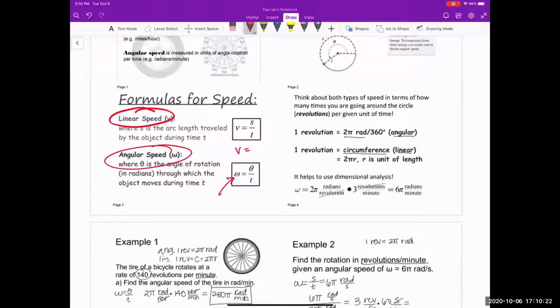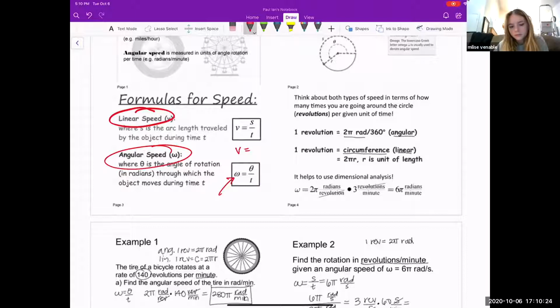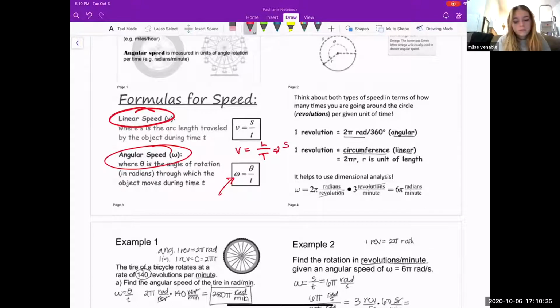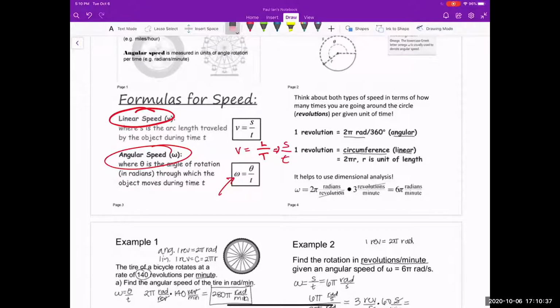So by thinking about speed, you already know what the equation looks like. In essence, it's going to be a length over time. So that's why this is s over time, because the units of speed are length over time.